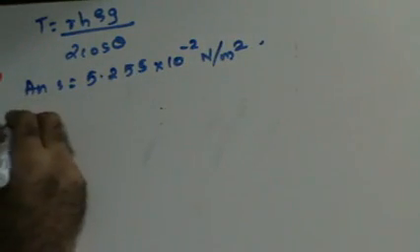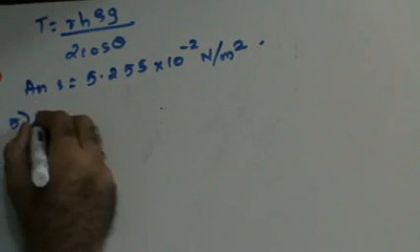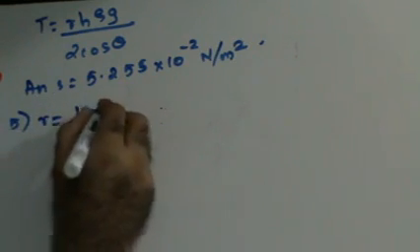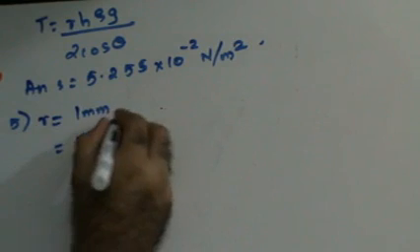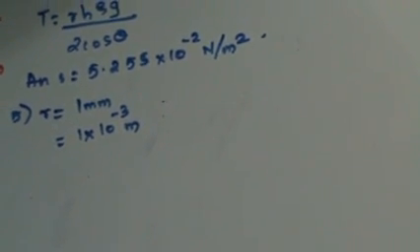Next, take on next sum please. A capillary of 1 millimeter radius is immersed in mercury.